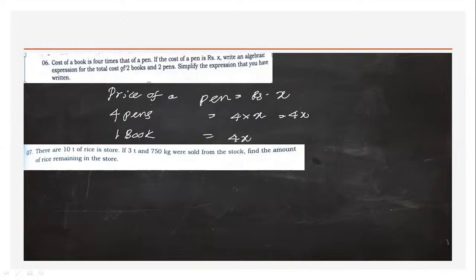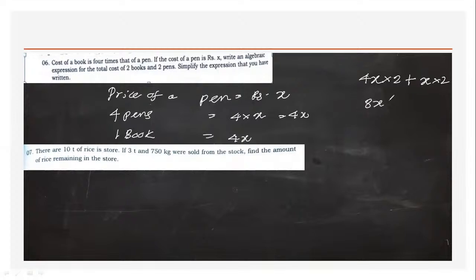Then they are asking us to write an algebraic expression for the total cost of 2 books and 2 pens. 1 book is 4x, times 2, plus 2 pens. 1 pen is x, x times 2.